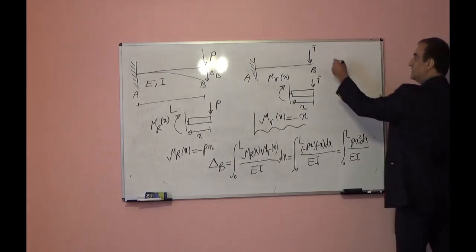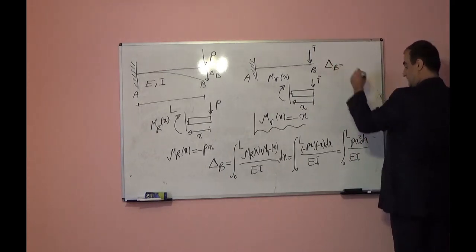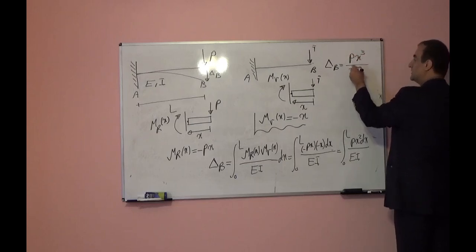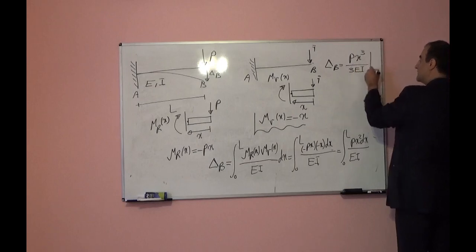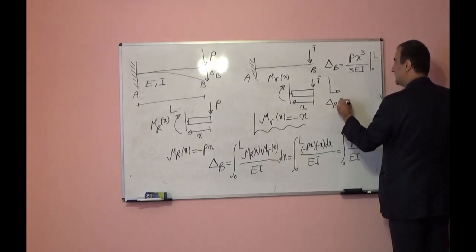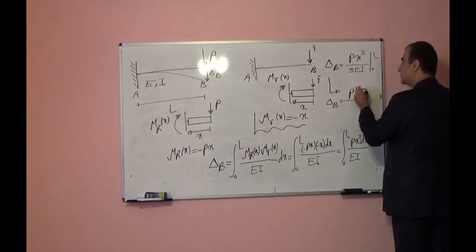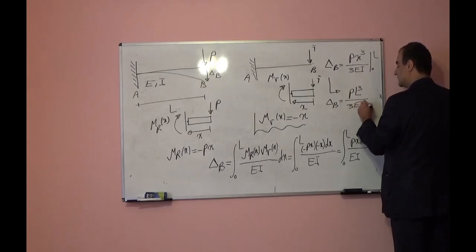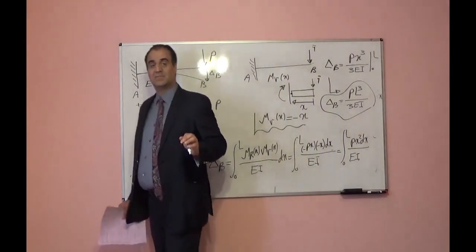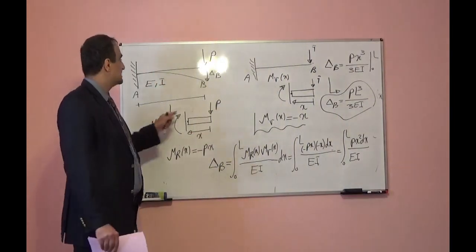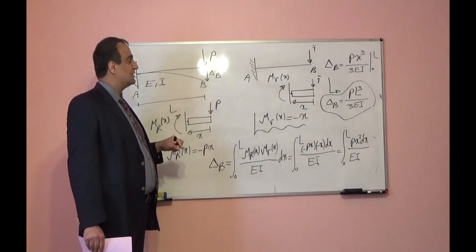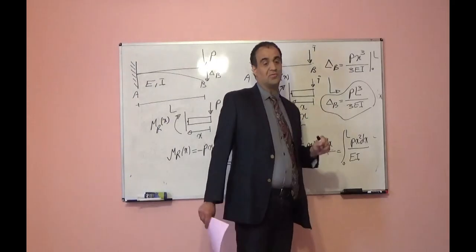If I integrate this, delta B will be equal to Px cubed over 3EI from 0 to L. From here, delta B will be equal to PL cubed over 3EI. So, for a cantilever beam subjected to a concentrated load at the free end, the deflection delta B will be PL cubed over 3EI.